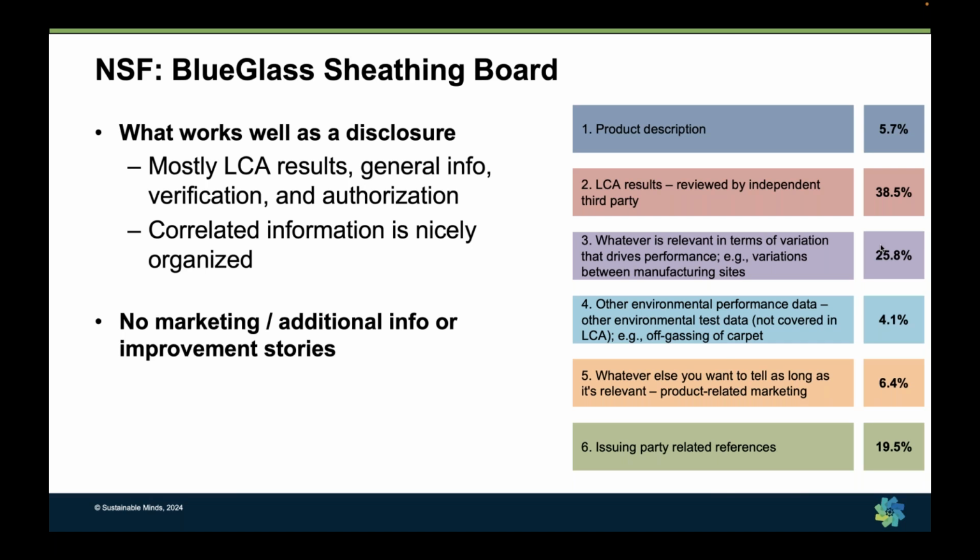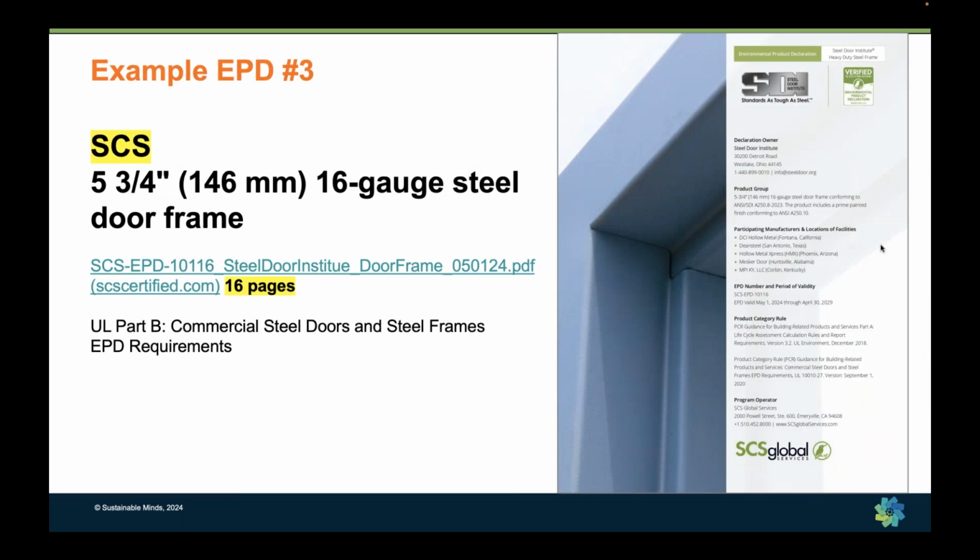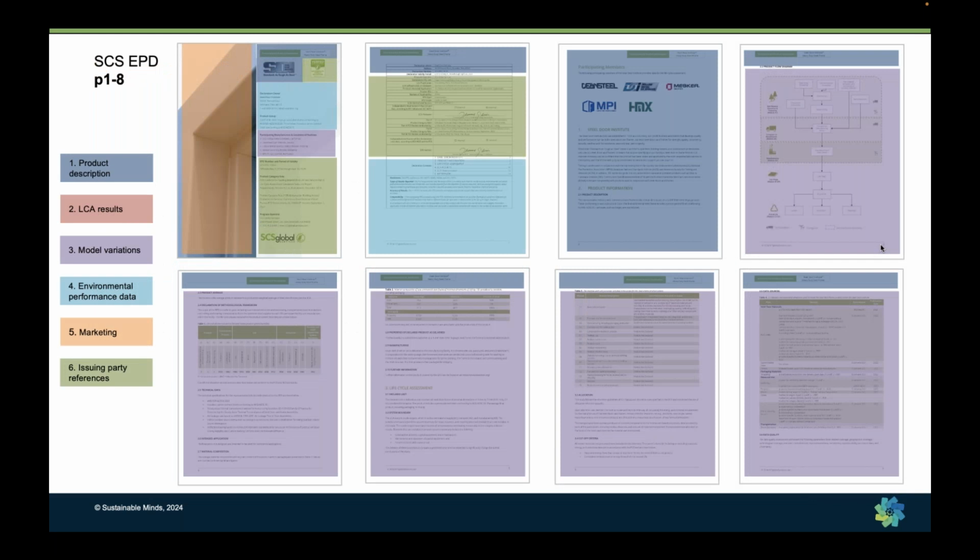The next example is an EPD from SCS using the UL Part B for commercial steel doors and steel frames. It too is 16 pages. We called the picture on the front page marketing.